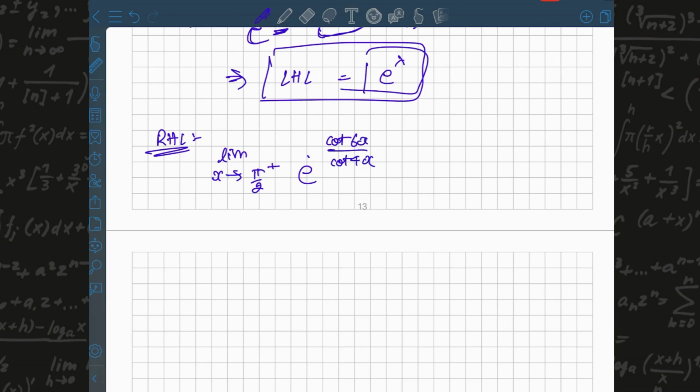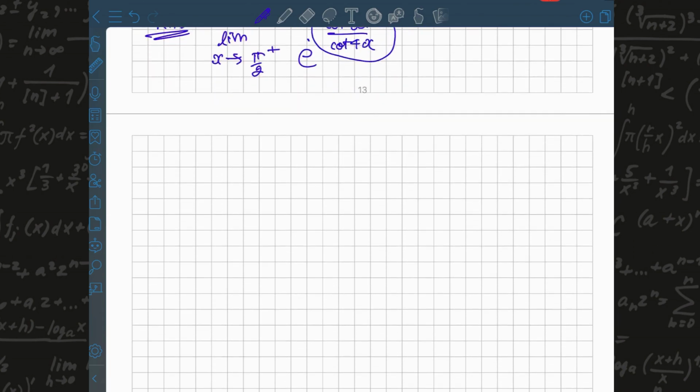Okay, so let's focus on this exponent part only. Cot 6x divided by cot 4x. We can write cot x as cos x divided by sin x, and tan x as sin x divided by cos x. So we can write this as cos 6x divided by sin 6x, divided by, now expand this also, cos 4x divided by sin 4x, what am I doing?